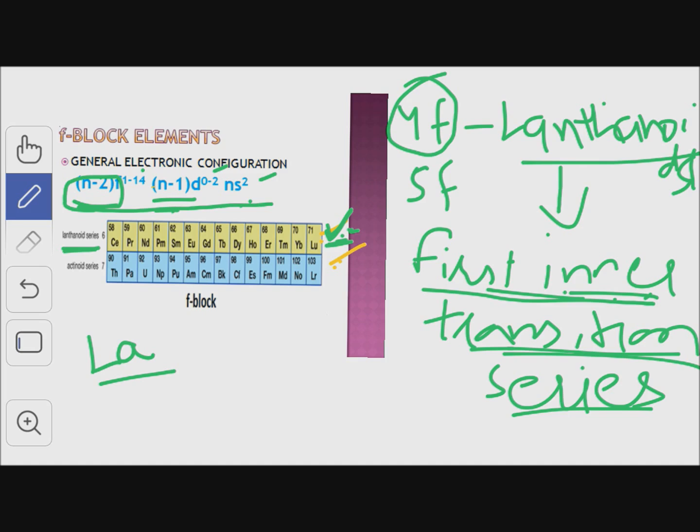And the next series, or second inner transition series, is called the actinoid series, in which the last electron enters into the 5f orbital, and these are called actinides, actinons or actinoids because they come immediately after actinium.